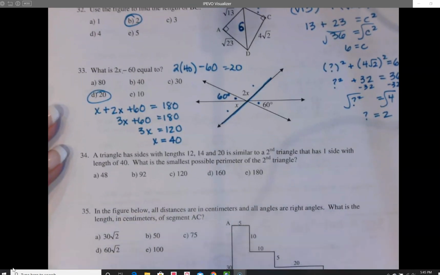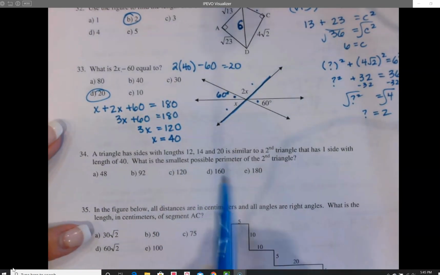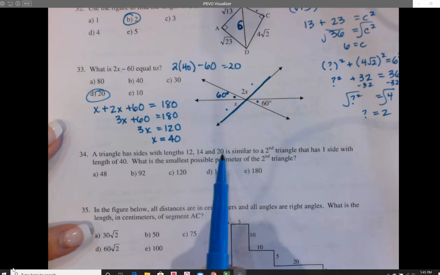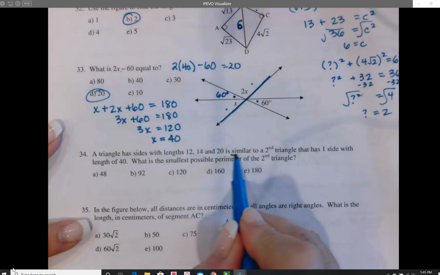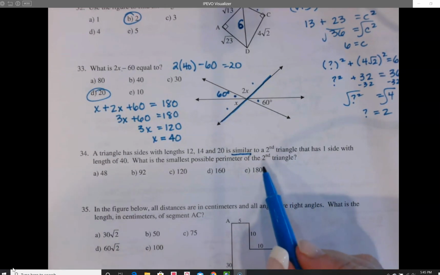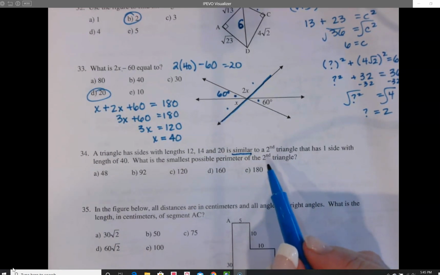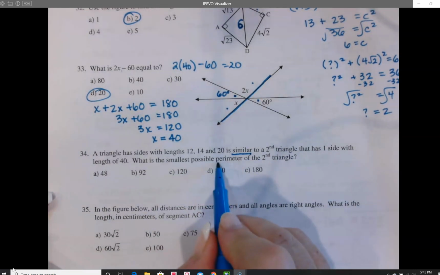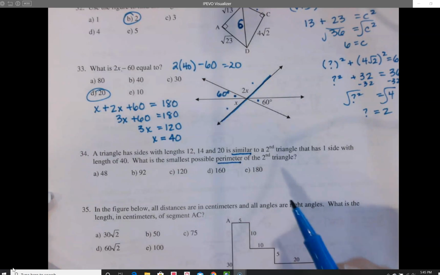In number 34, I've got a triangle, and they give me the 3 side lengths, and they tell me it's similar. And then they say what's the smallest possible perimeter.